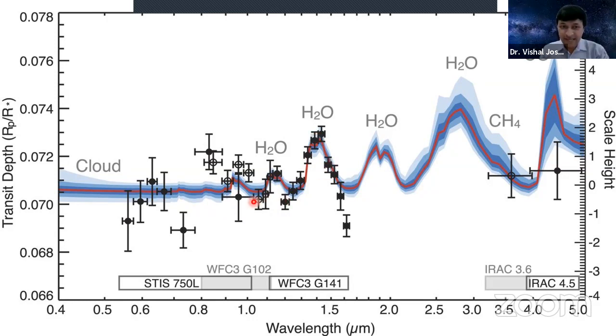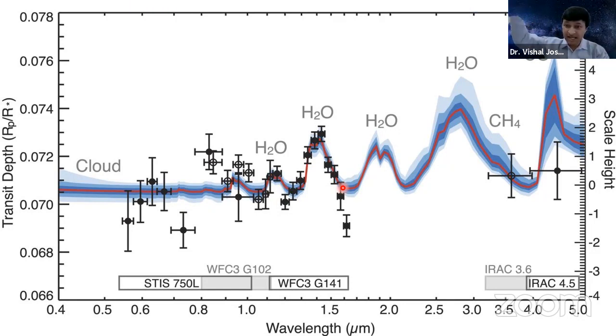So this way, by analyzing these planetary spectra, you can confidently say something about the composition of their atmosphere also. And this is a big thing. Sitting here on the Earth, you are talking about a planet revolving around a bright star. The star is hundreds of light years away from us, and still you are talking confidently about their atmosphere and the composition of their atmosphere.